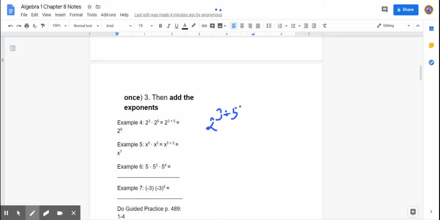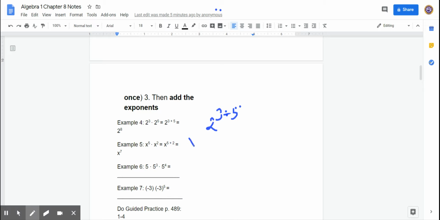Example 5, x to the 5th times x squared. You check your base first. The base is x in both of those, so that means you can combine them. So you write the base down. You take the exponents and you add them. 5 plus 2 is 7. X to the 7th. Another way to look at this is x to the 5th.